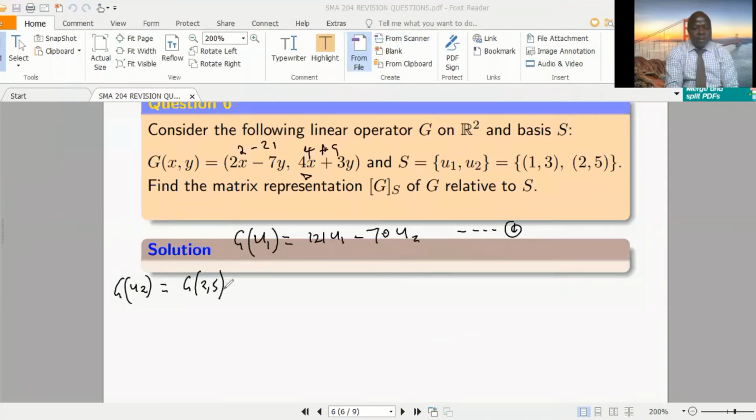So let's put 2, 5. Where there is X, put 2, and where there is Y, put 5. This would be 4 minus 35, which is negative 31.